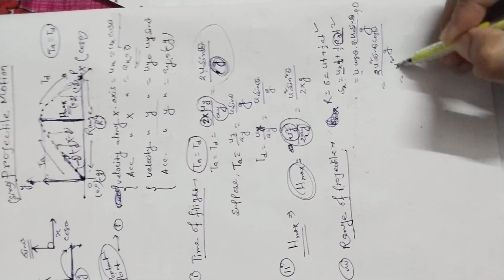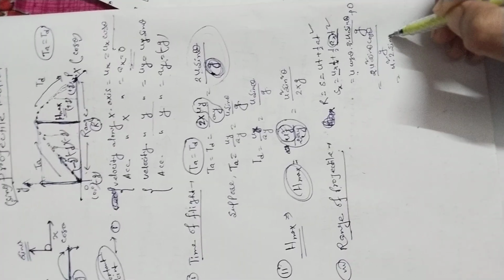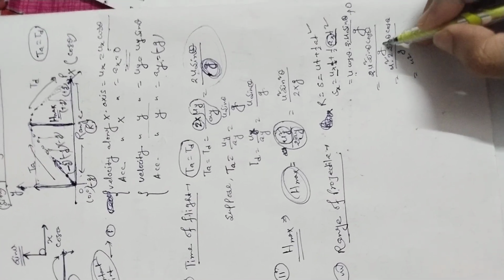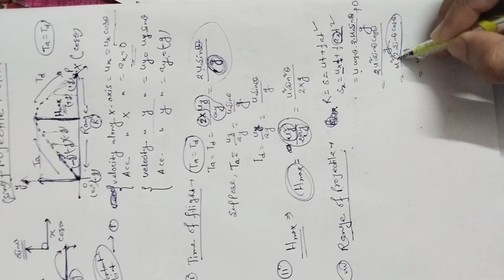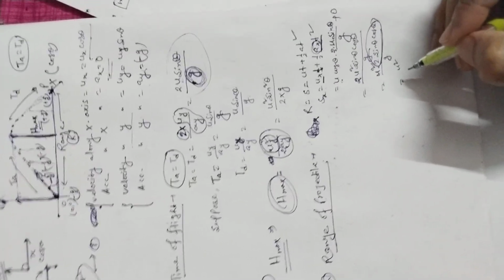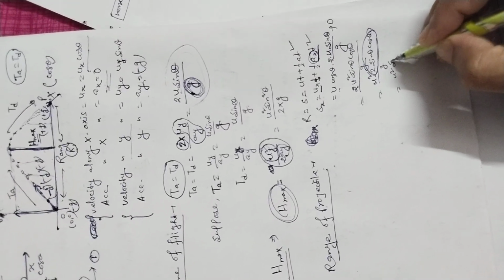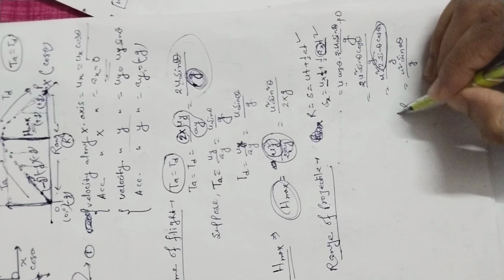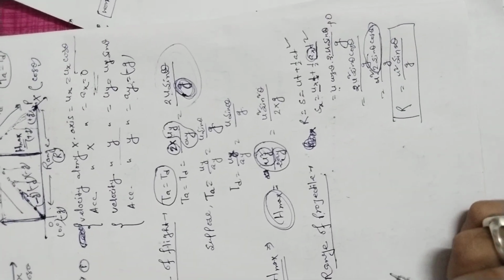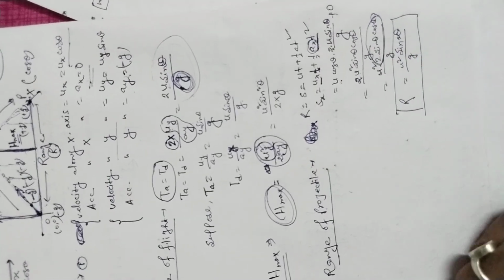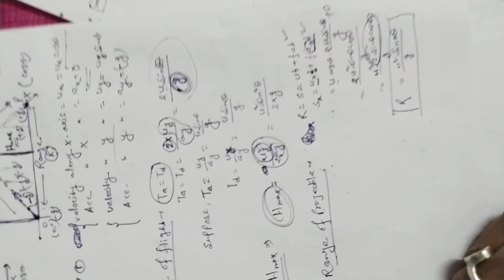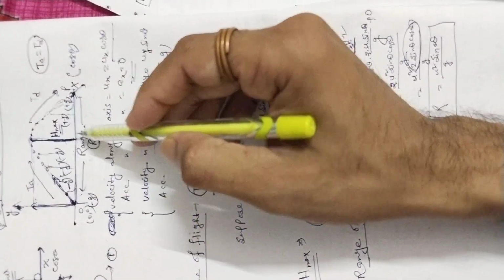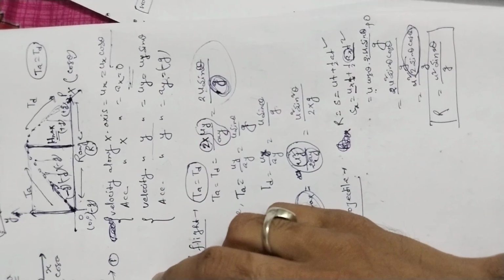So I kept u square first into 2 sin theta cos theta by g, that means u square times 2 sin theta cos theta. What is the formula of 2 sin theta cos theta? What is the formula of sin 2 theta? Thank you, sin 2 theta is the formula of 2 sin theta cos theta, all divided by g. So r equals u square sin 2 theta by g. Complete. That is the range of projectile. So the range of projectile is r equals u square sin 2 theta by g.